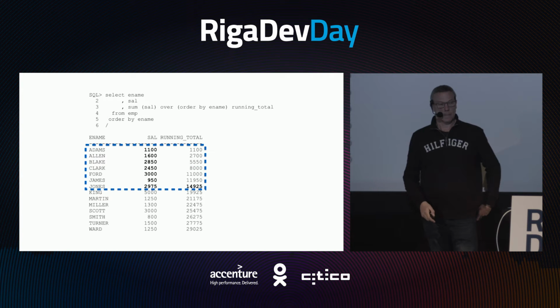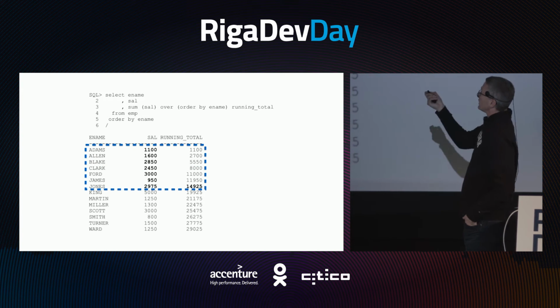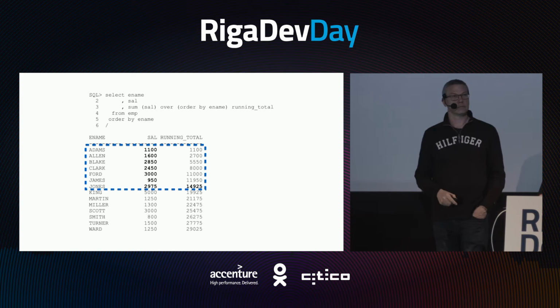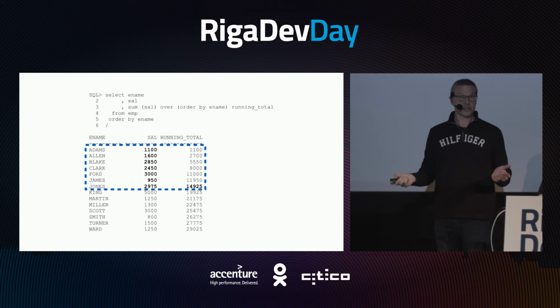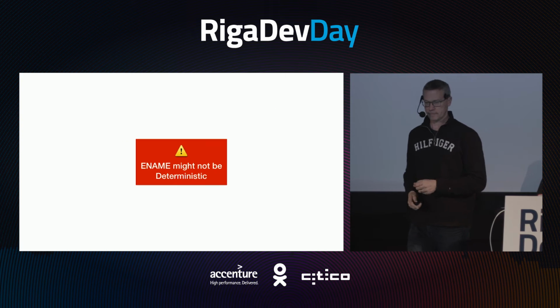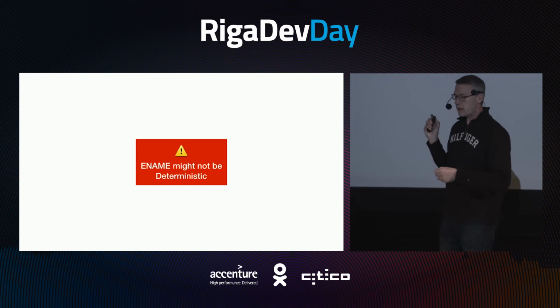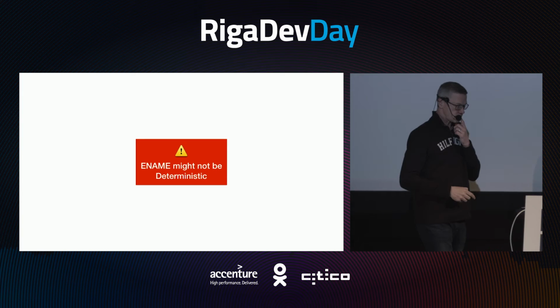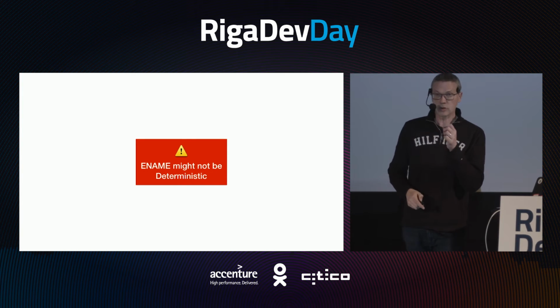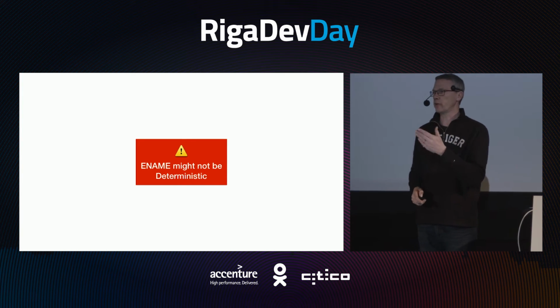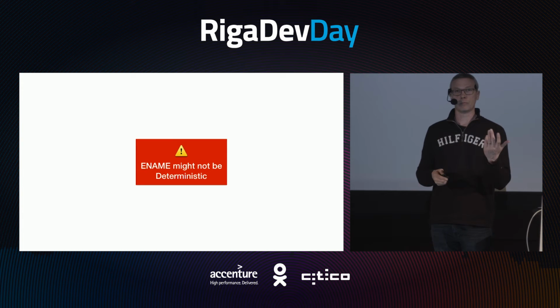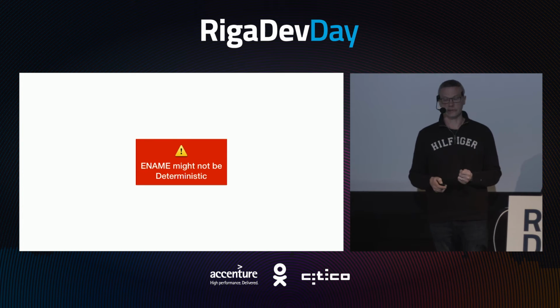So it appears that we have a running total over there, right? Good. The e-name might not be deterministic, because we can have multiple with the same name. You can have more Fords or more Adams, whatever.